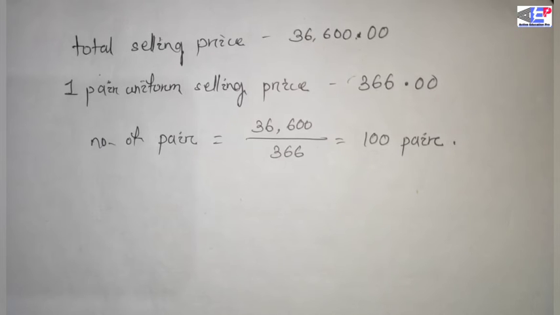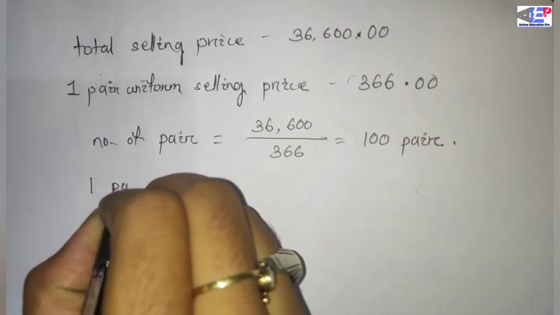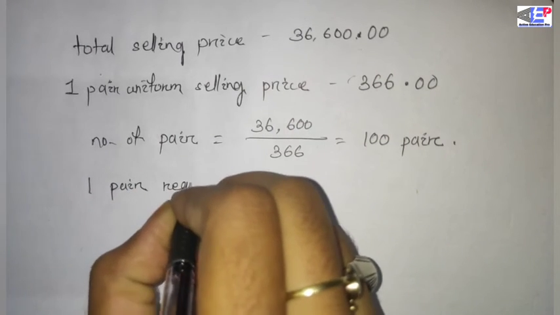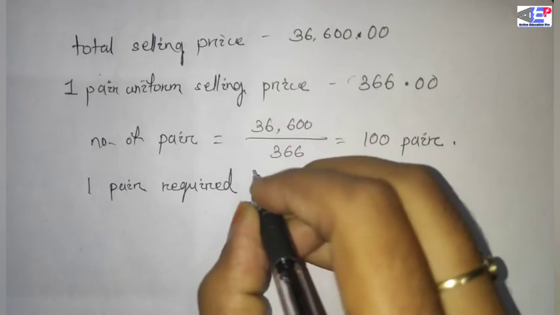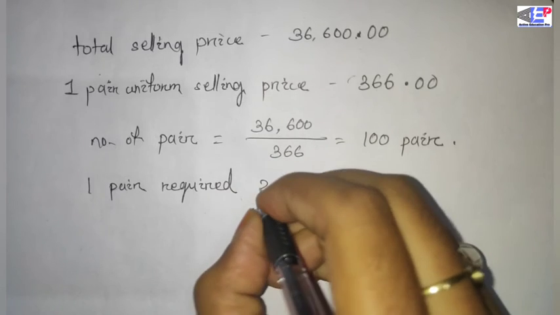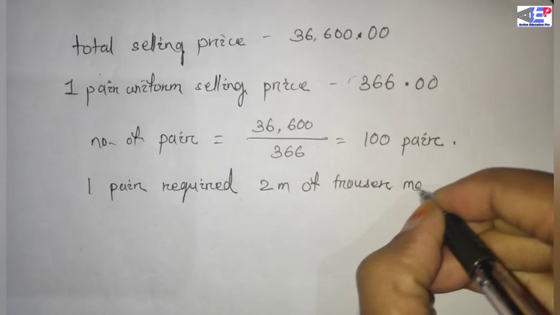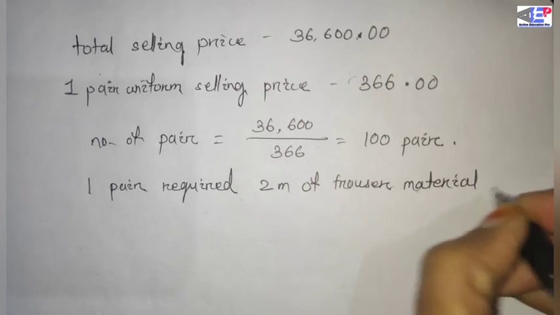And for 100 pairs of uniform, we need, for one pair of school uniform, 2 meters of trouser material.